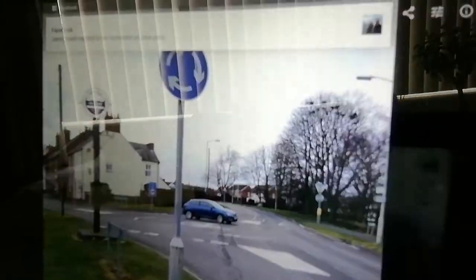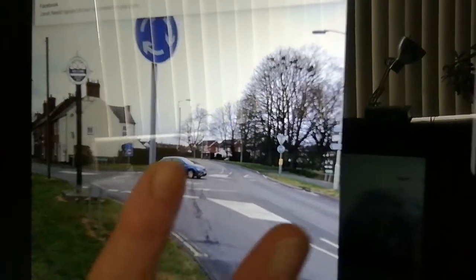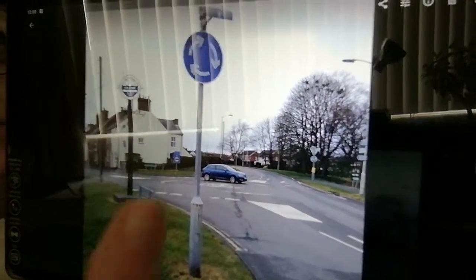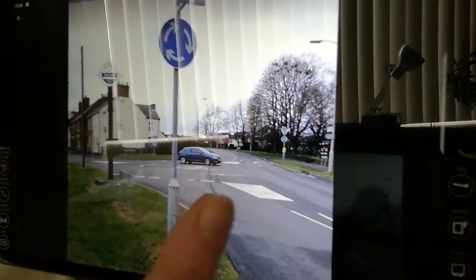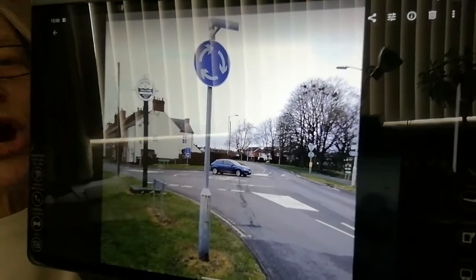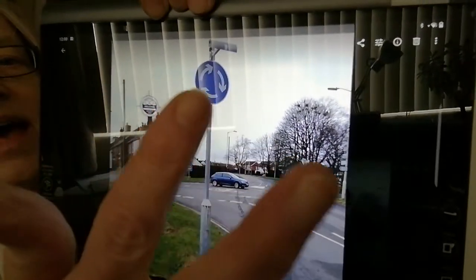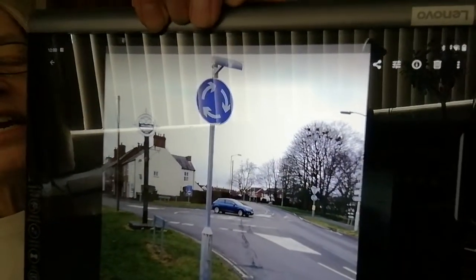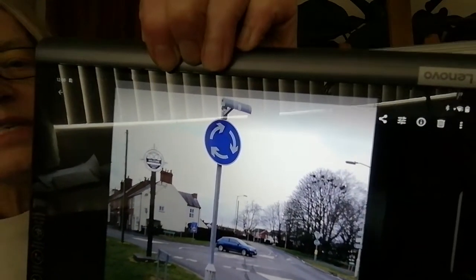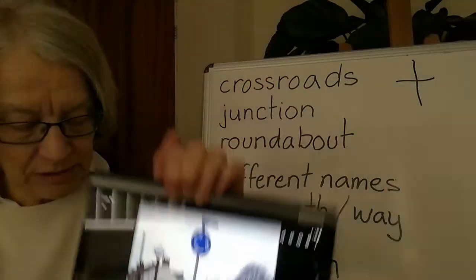There, can you see there's a circle painted on the road and that car is going round it. That's at the junction of 1, 2, 3 roads. And there is the sign for a mini roundabout. You can see arrows going round.